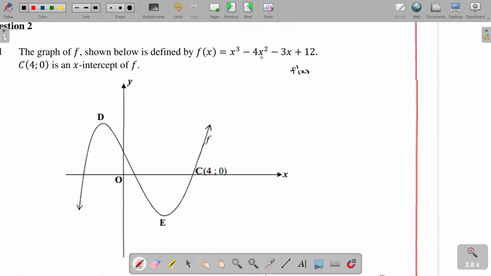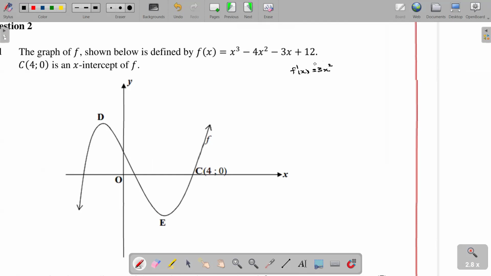So if we simplify that, we bring down the 3, so it's going to be 3x. Then on the power, we subtract 1. So 3x squared, minus, we bring down the 2, so it multiplies the 4.